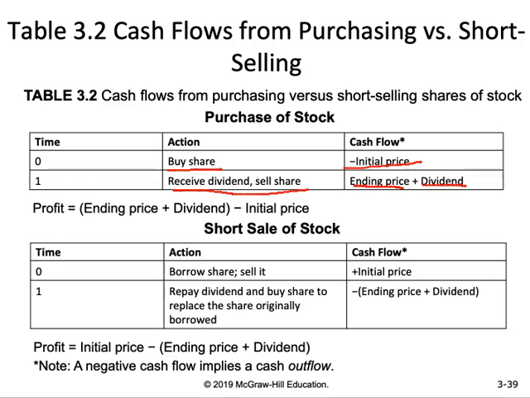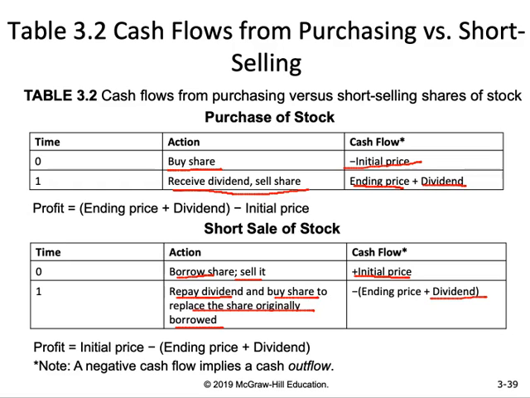When we short sell a stock, the first action is to borrow it and sell it. And when we sell it, we get a positive cash flow into our margin account. The other actions that can happen are we have to repay a dividend, and we have to buy the shares. When we want to close this transaction, we have to buy a share to replace the ones that we borrowed, because we'd only borrowed them. So negative cash flows are paying the dividend back to the original investor.